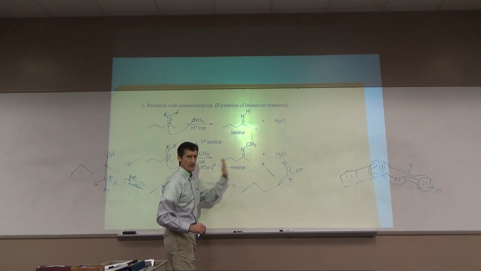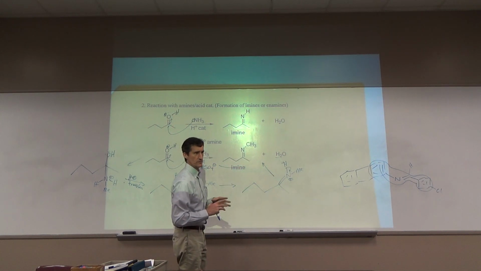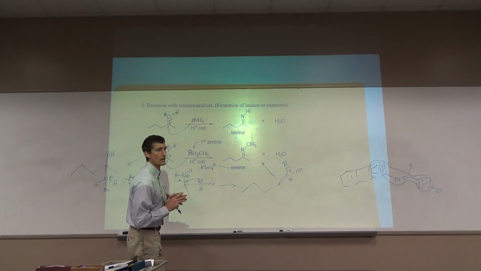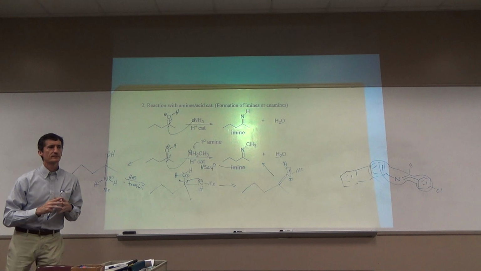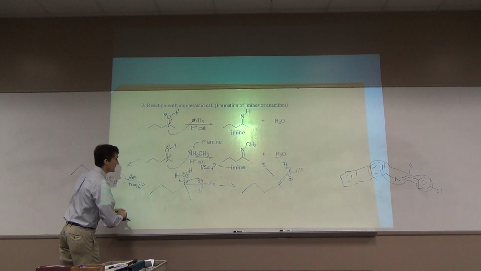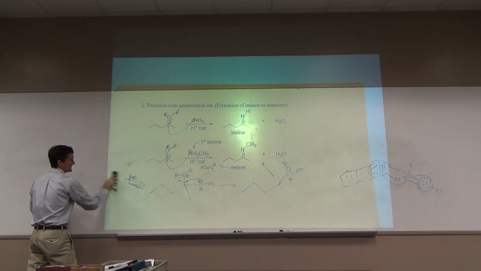Because of that, it just drives itself. It's so favorable. That's why you don't need it. So there can be other reasons why a product is driven other than the generic reaction. That's an imine.